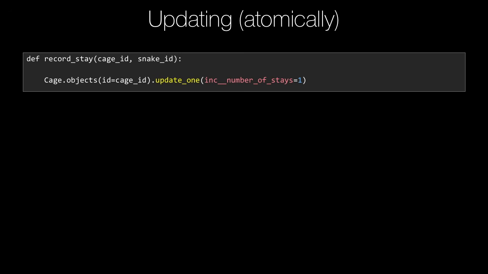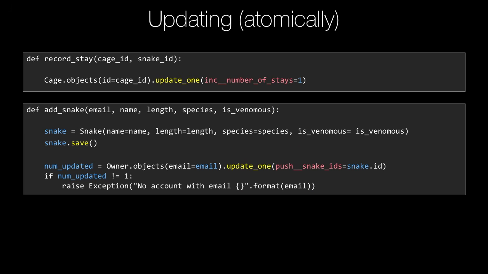So that's really great. Now, how about this putting the snake ID on the owner? Well, we can do that too. So over here, we're adding a snake. We generate the snake, we call save. That's standard, that's an insert. But then this line where we have the number of updated, we have owner, objects, emails, email, and then instead of saying, get it back, make the change, append it to the snake IDs and call save, we're doing something with an operator.